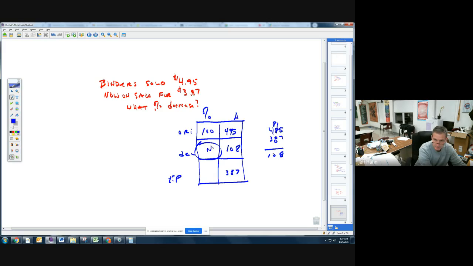So here is my ratio, my fraction. 100 over what number equals 495 over 108. Doing the math there, 495 times what number gives me 108 times 100, which would just be that.